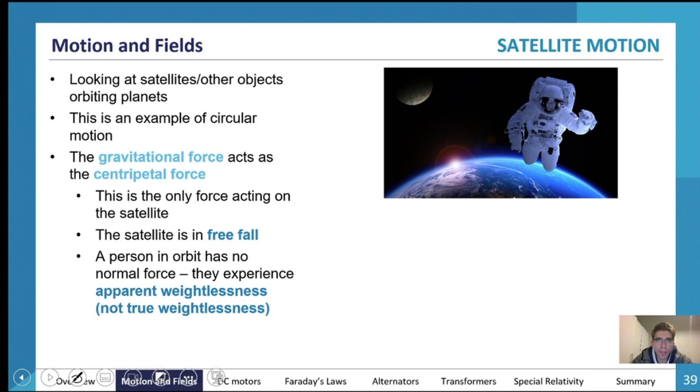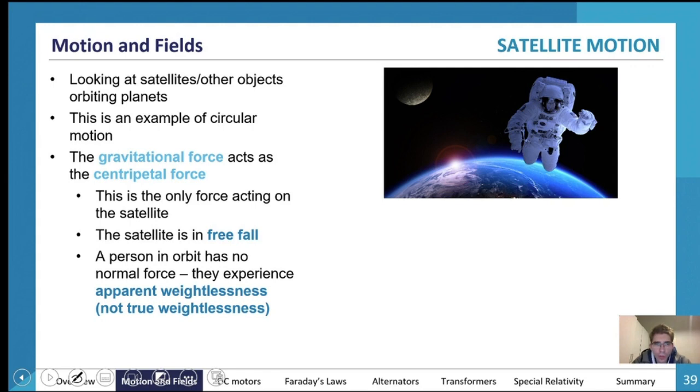Now, because satellites move around in circles, almost in circles. For VCE purposes, we will assume their motion is in a perfect circle. It means that in that case, the gravitational force acting on them acts as a centripetal force, because it is the only force acting on the satellite. Therefore, the satellite is in freefall.